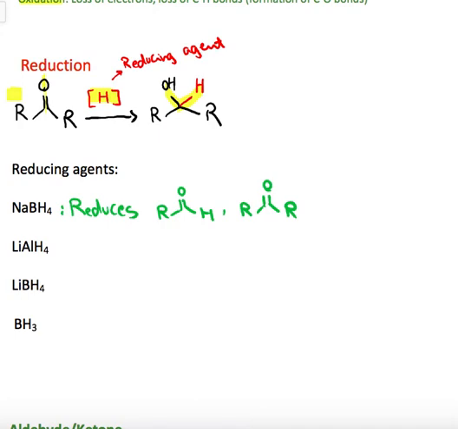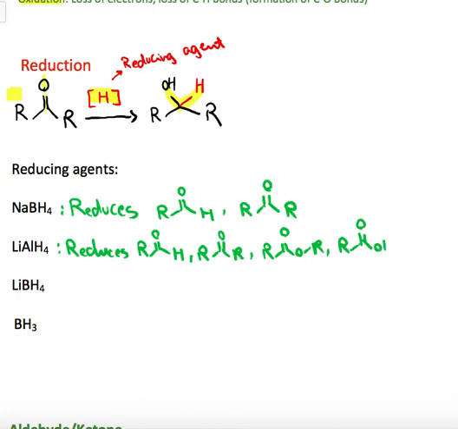Lithium aluminum hydride is the stronger one, and it can reduce aldehydes, ketones, esters, carboxylic acids, and even amides.